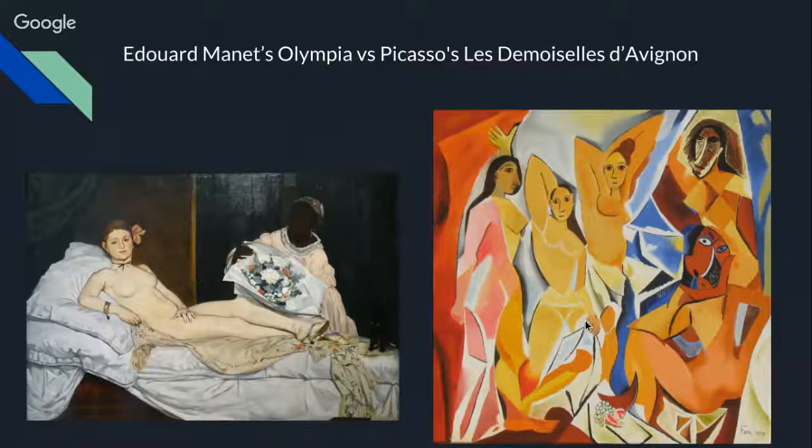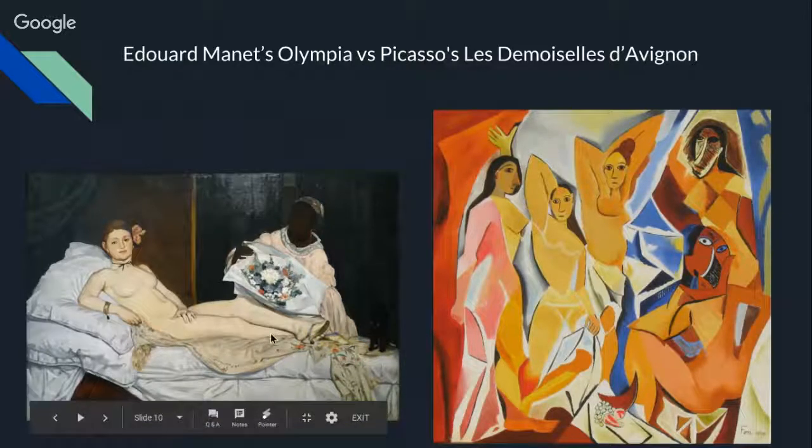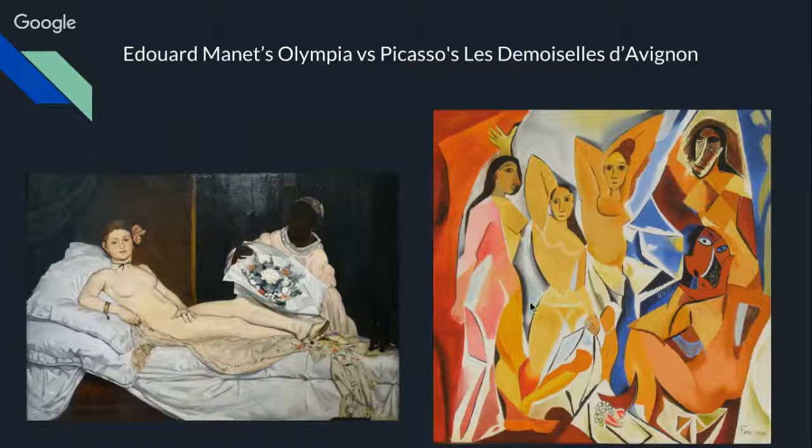And so let's go right into it. The similarities of these paintings is that these women over here and this woman over here are prostitutes. They are in the same career, same services of pleasing men.